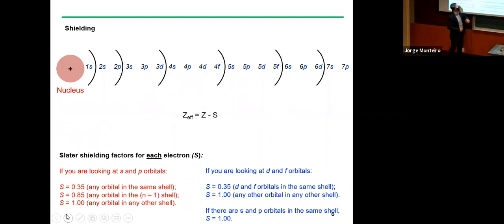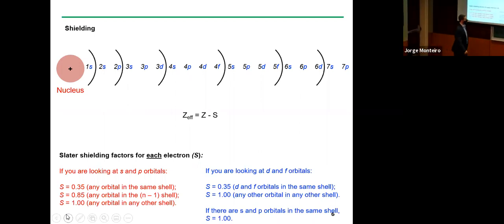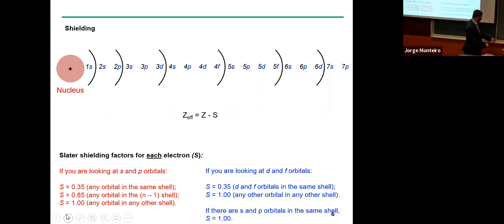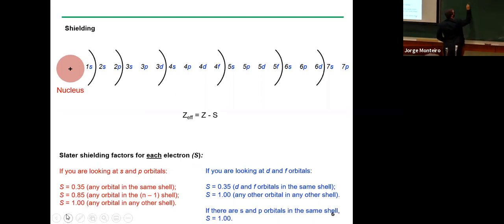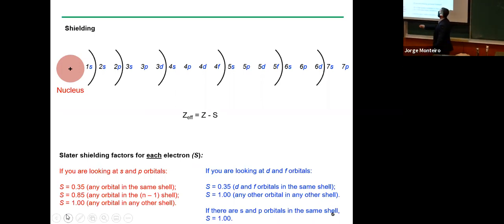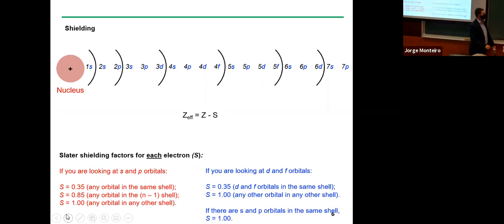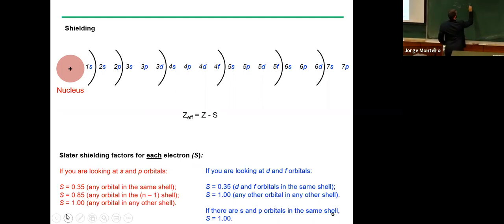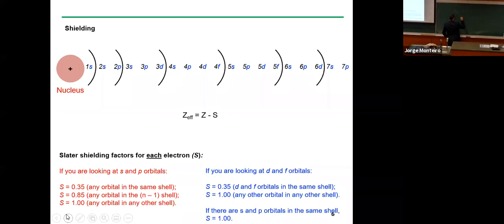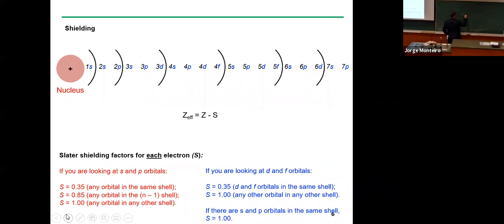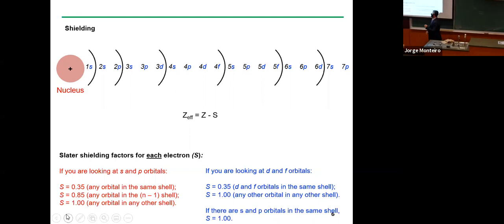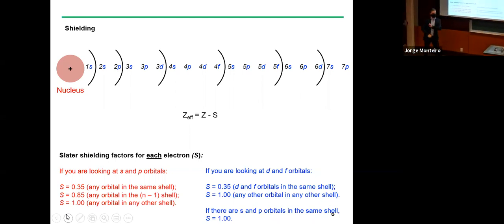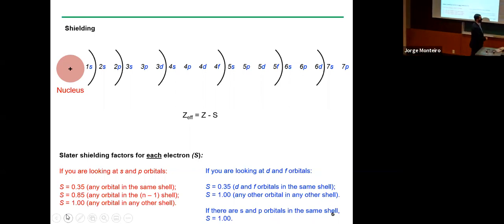Effective nuclear charge, represented by Z effective, is equal to the atomic number Z minus the Slater shielding factors, represented by S.